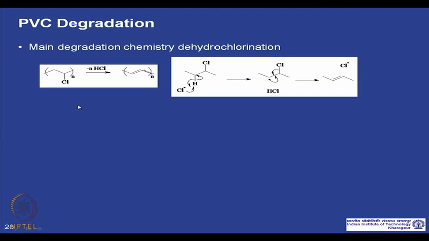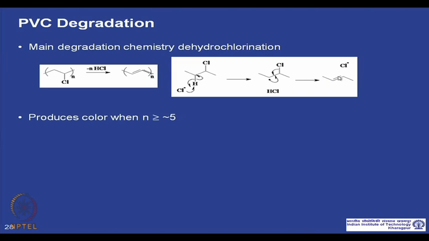So, the main degradation happens by dehydrochlorination as shown in these figures. The main degradation of polyvinyl chloride happens due to the dehydrochlorination at higher temperature, and that starts with chlorine radical.